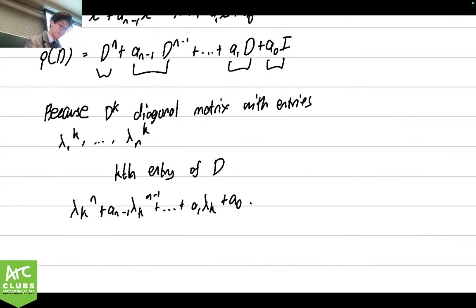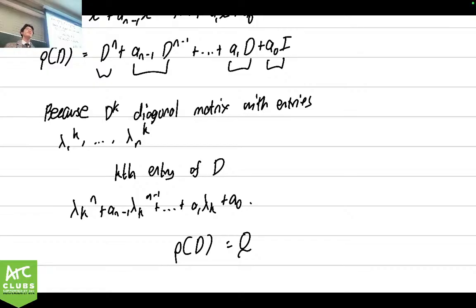This, you might notice, is just our characteristic polynomial. Since the eigenvalues are the solutions to p of x, as we identified earlier, every entry in the matrix p of D will also be 0. Therefore we have p of D being the zero matrix, because all the terms produce the characteristic polynomial.